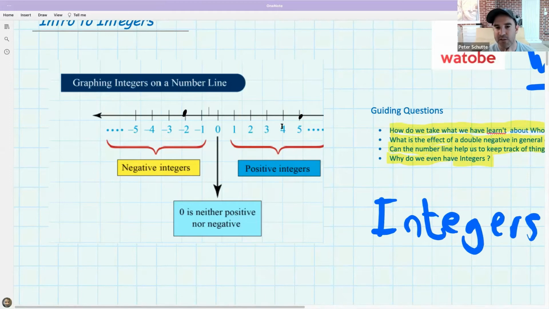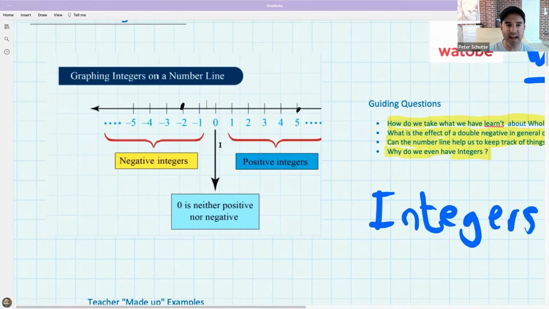You might represent one with a positive and the other with a negative. So negative numbers are very helpful in showing, in money anyway, the opposite effect in terms of direction. The other thing is that the number line can help us keep track of things.